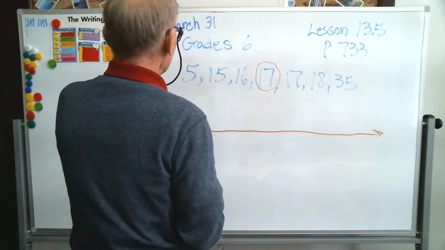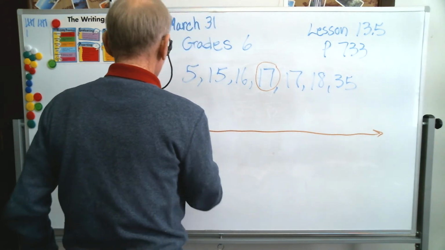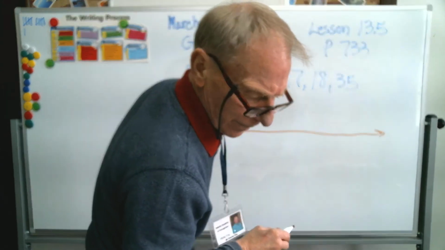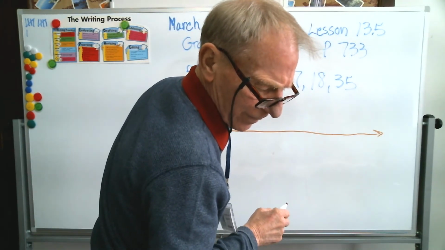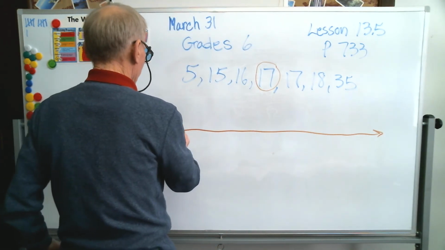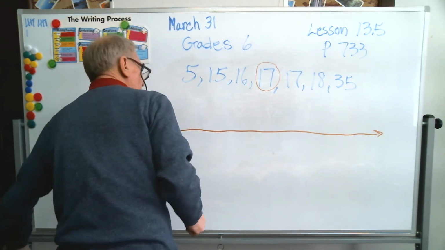We're going from 5 to 35, so let's do it like this. Let's go up in twos.